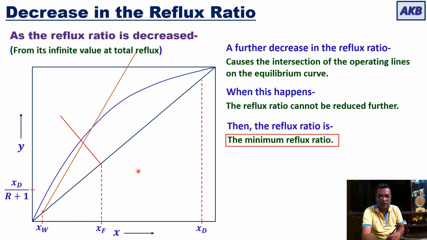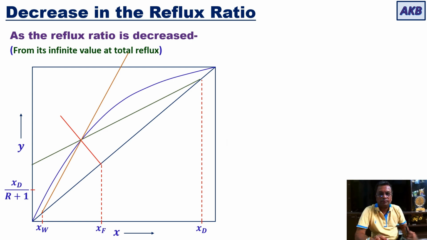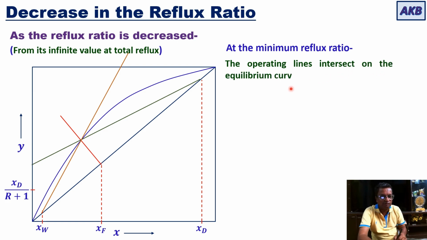Okay? So now the lines are going to intersect on the equilibrium curve. The intersection point of all the three lines, or the three lines are meeting at a point that is lying on the equilibrium curve. Okay, so at the minimum reflux ratio, the operating lines intersect on the equilibrium curve, as you can see in this diagram.